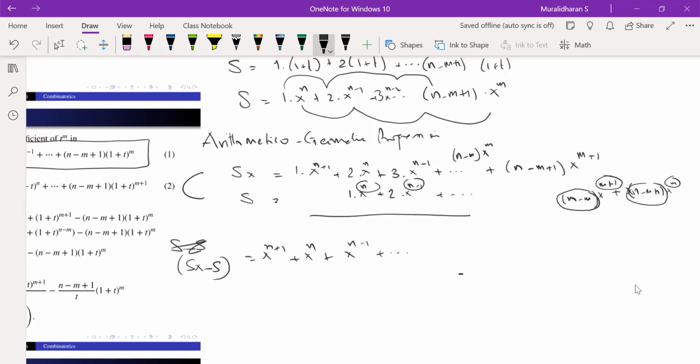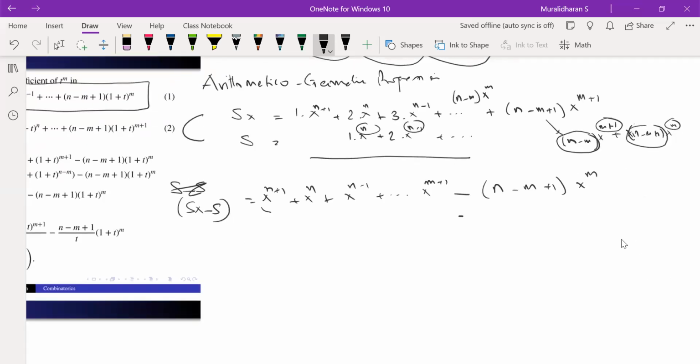Now if I subtract, what will I get? This term will remain x power n plus 1, then x power n minus 1 and so on. And this one will give me x power m plus 1. And minus of this will remain n minus m plus 1 into x power n. So I will just simplify this way.